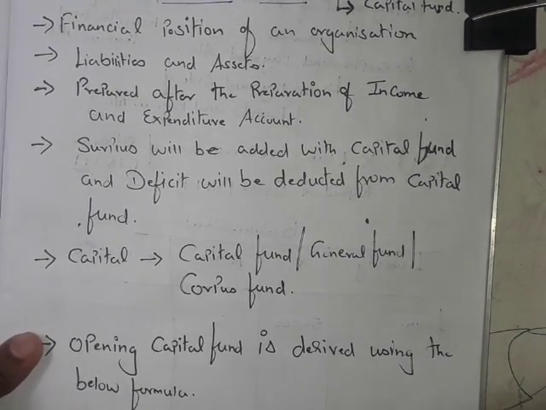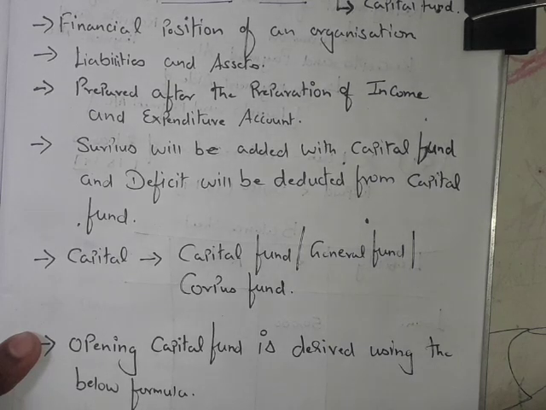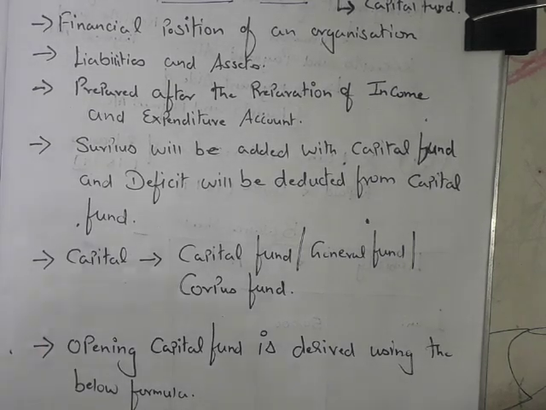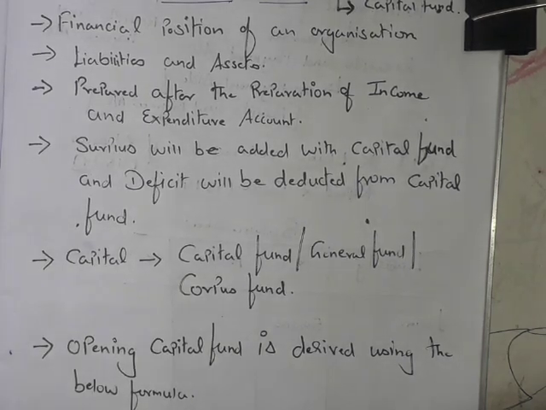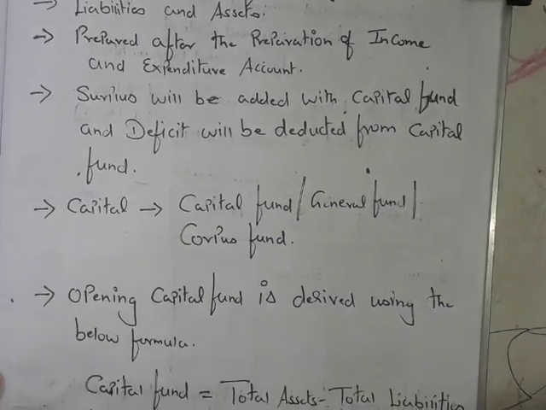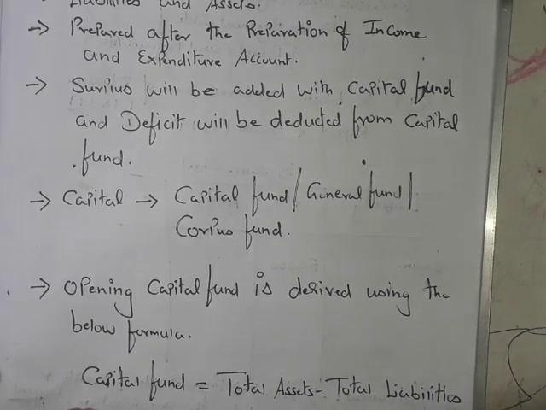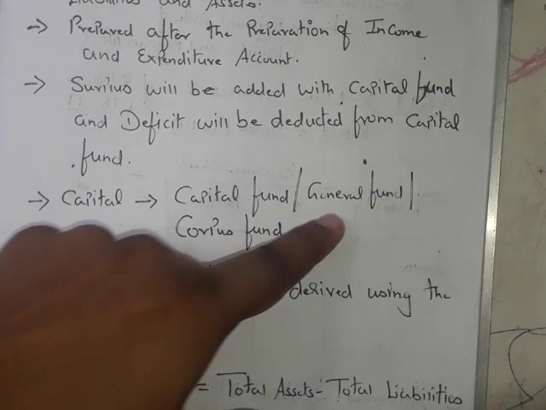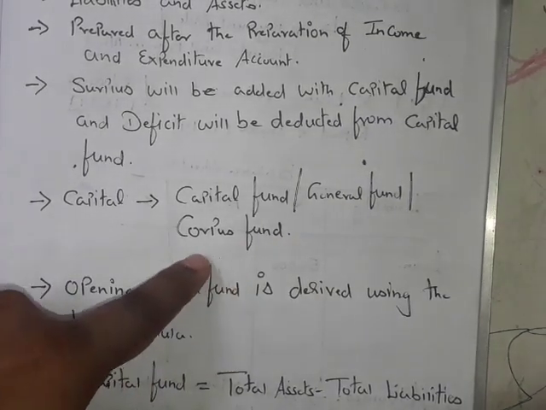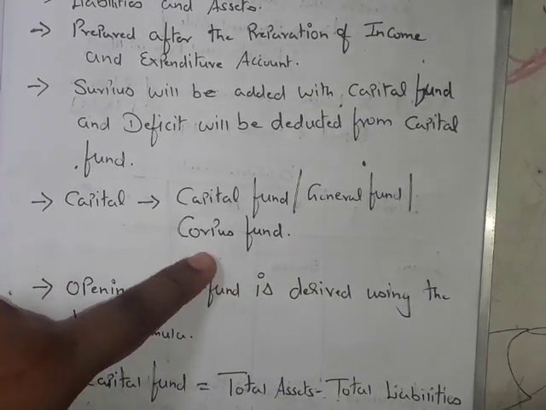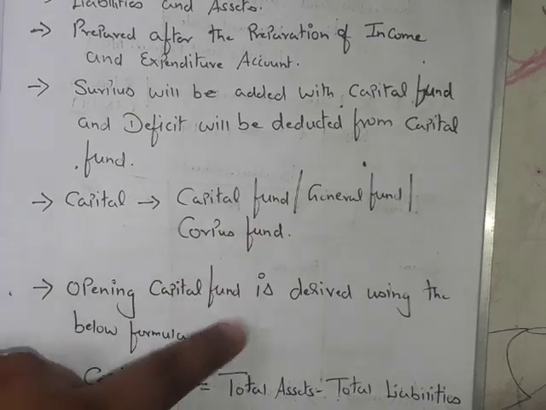Right. Moving on to find out the capital fund. What formula is there to find out the capital fund? This capital fund is otherwise called general fund or corpus fund. So remember, the other names given to this capital fund are general fund or corpus fund.